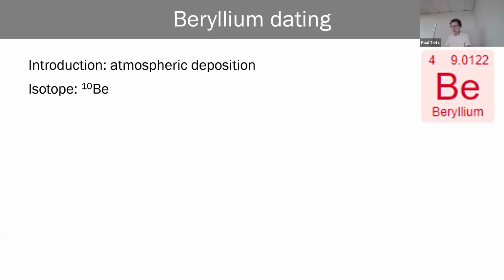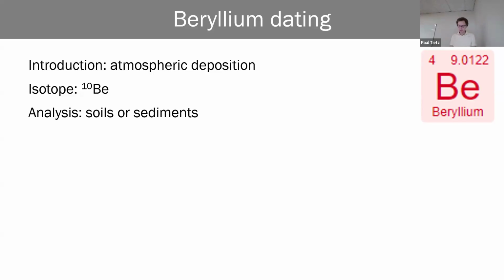And from there, it just incorporates into the soil profile, and it usually stays right at the soil surface. Beryllium doesn't really move through the profile at all. So it's useful for analyzing soils or sediments, and specifically determining the time since that sediment was exposed to the surface or to the atmosphere.